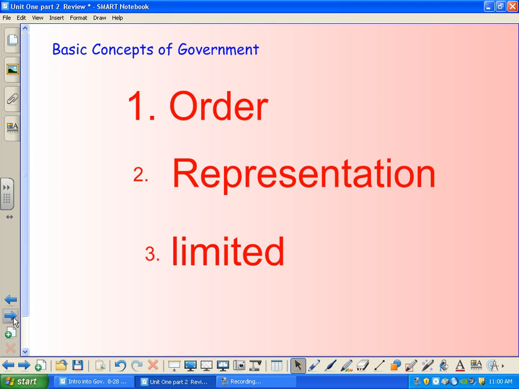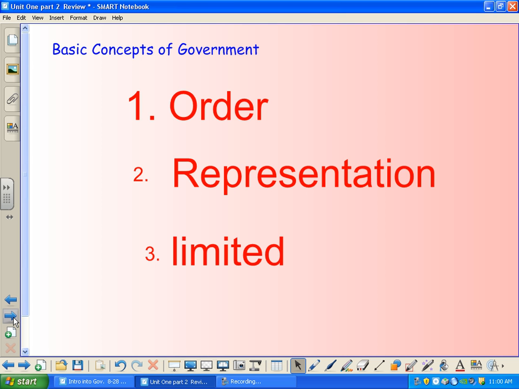The first thing I want you to remember are the basic concepts of government. And of course, we talked about this when we did our activity on the deep impact. And we came up with these three. They're very much at the heart of most every government, certainly a democracy. First of all, order. People want order to live by. They also want, number two, representation in their government. They want their voice heard. And finally, number three, they also want a limited government.